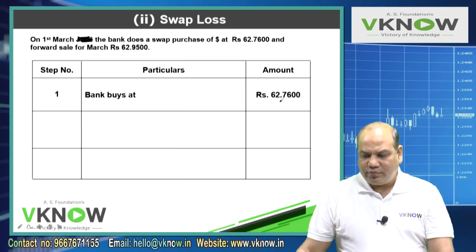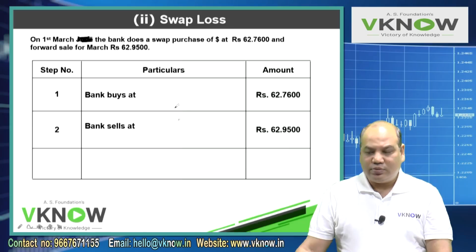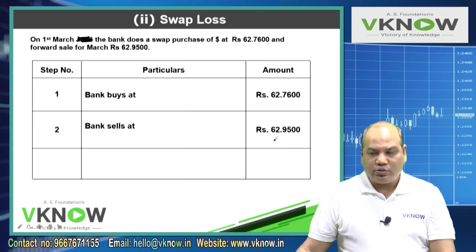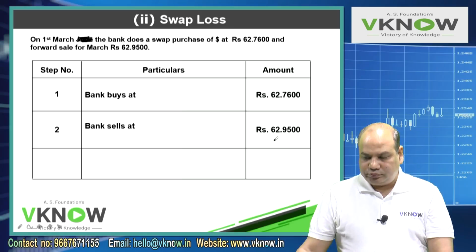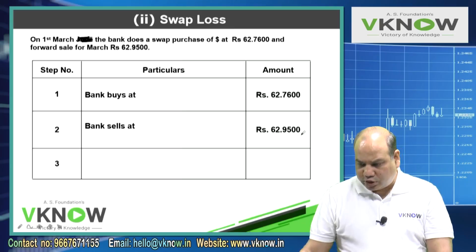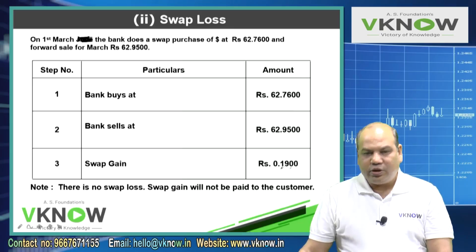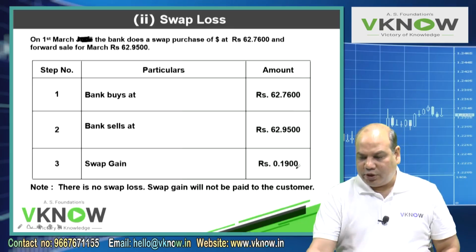Then bank sells at 62.9500. This is a swap transaction because the bank had to enter into two extra transactions, buy and sell. Now, good news for the customer, the selling rate is more than the buying rate. So there is a swap gain, 0.1900.